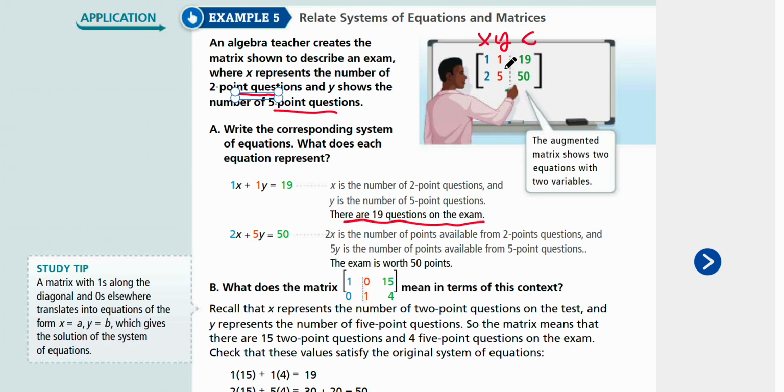And then we have the second row looking like 2, 5, 50, right? So that means we have 2 times the number of 2-point questions and 5 times the number of 5-point questions, and that's equal to 50.